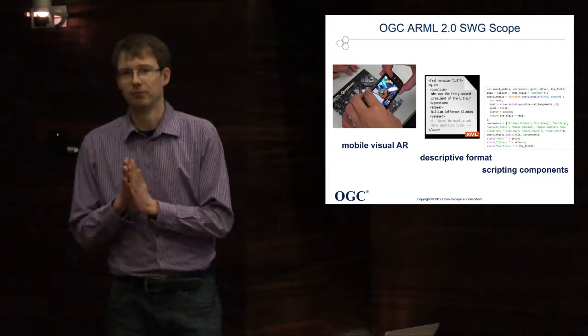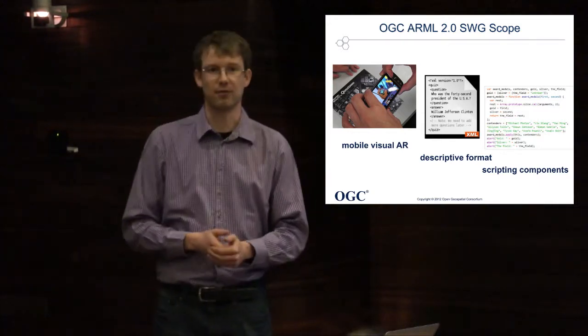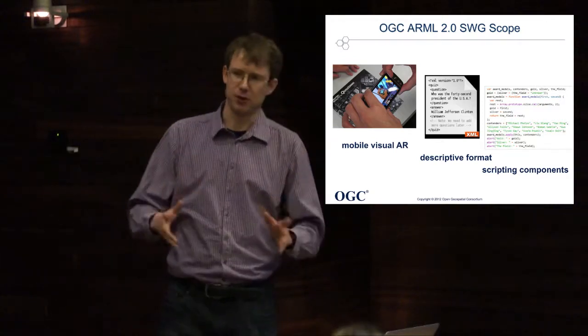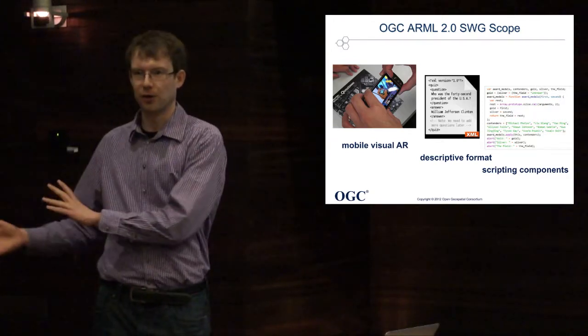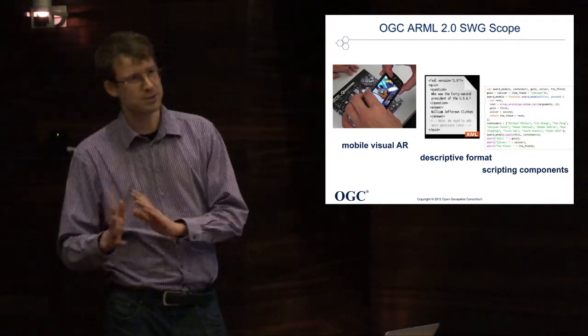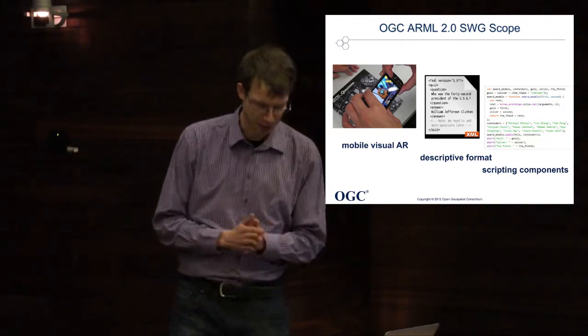Visual AR means that we use the camera, or the screen of the device as the main output. So we do not particularly focus on something like haptics or audio-based AR in ARML 2.0. We might consider that in the future, but right now this is really focused on mobile visual AR.